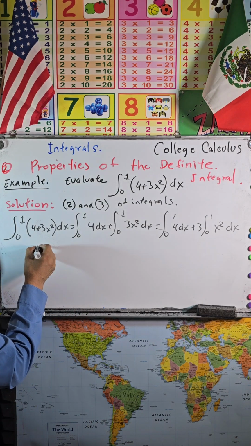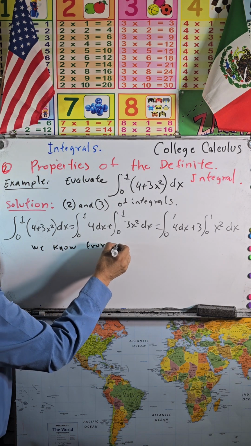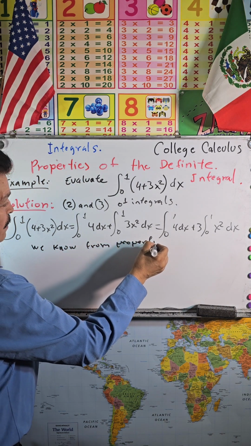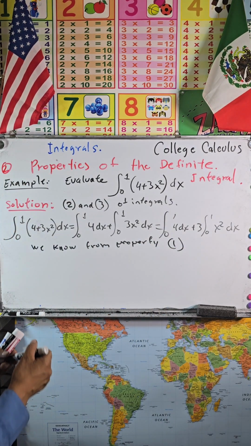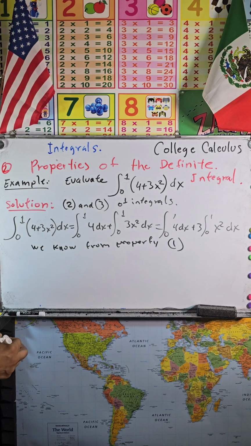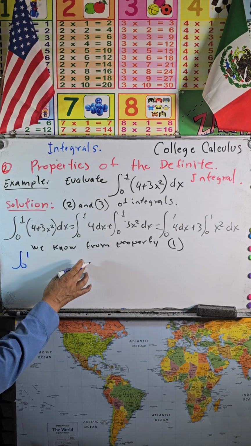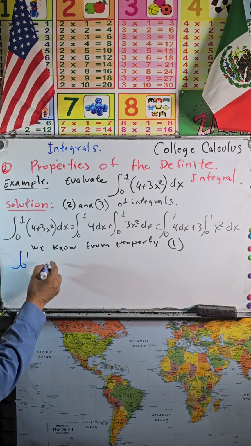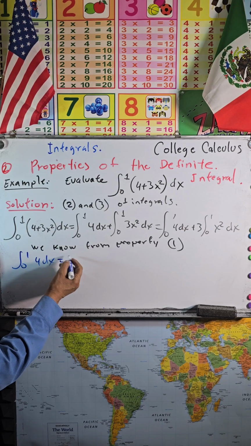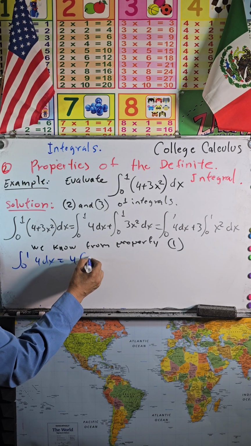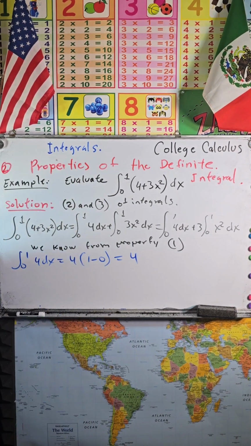So now, from property 1, just check property 1. We will have here the integral from 0 to 1 of 4 differential of x equals 4 times (1 minus 0). So it equals 4, right?